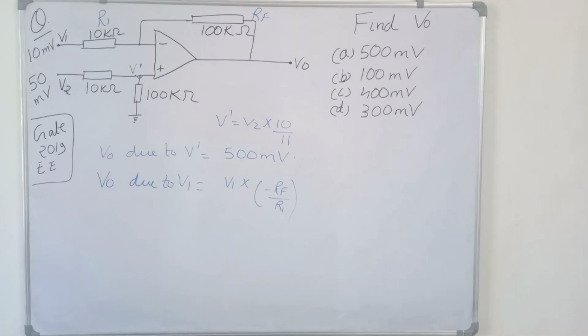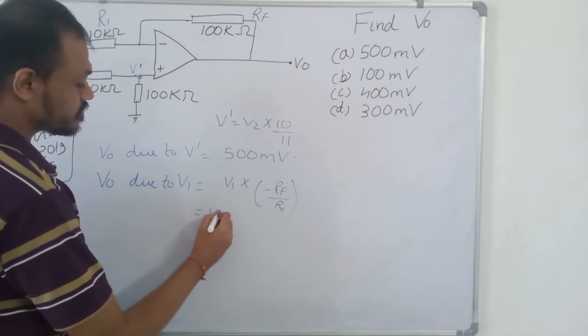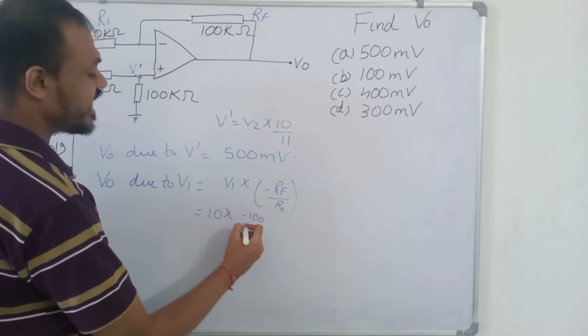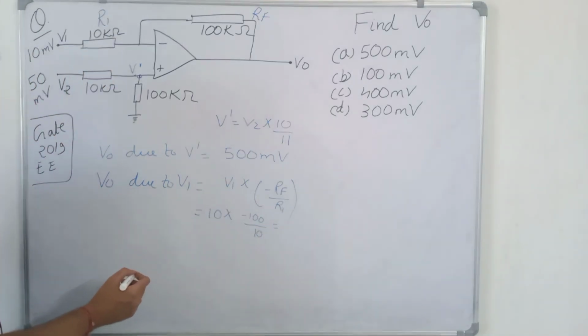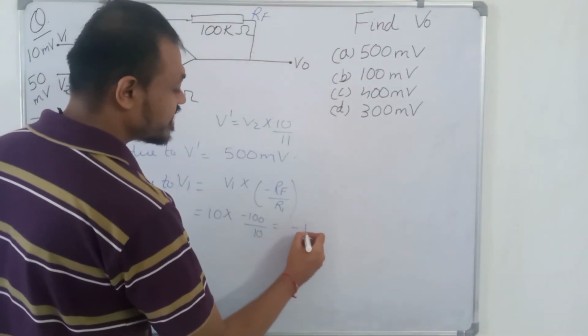In the inverting configuration, the gain of the op-amp is minus RF by R1. So this will be equal to 10 into minus RF, which is 100, by R1, which is 10 kilo ohm. V1 is given as 10. So this will be equal to minus 100 millivolt.